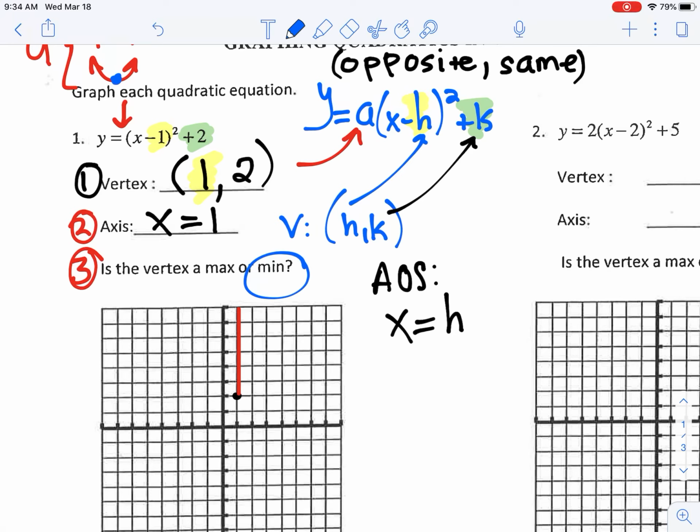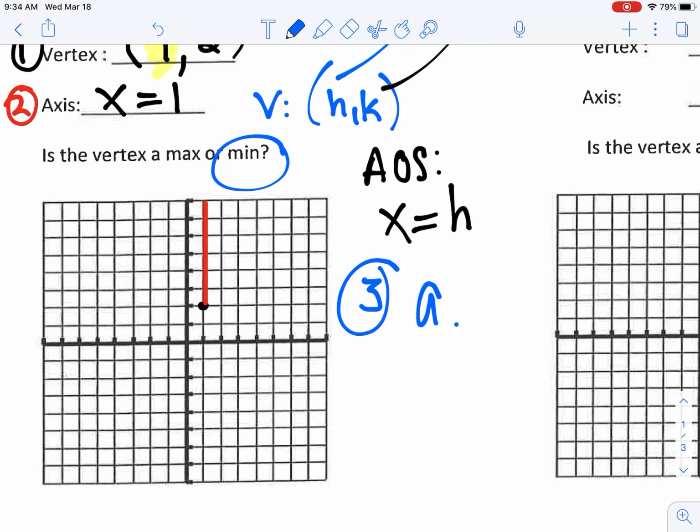So step 3 is going to be to graph a. So the way we do that is we're going to say whatever a is and put it over 1, meaning this is going to be our rise, and this will be our run. Now with parabolas, graphing a, your run will always be only 1 unit.